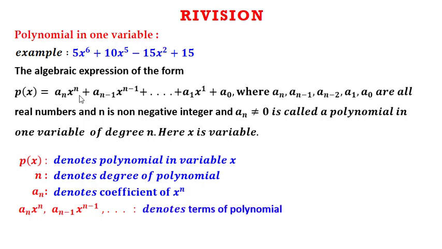If you see a few conditions, first is that n should be a non-negative integer. Non-negative integer means it should be a whole number. So for all variables the degree should be a whole number.